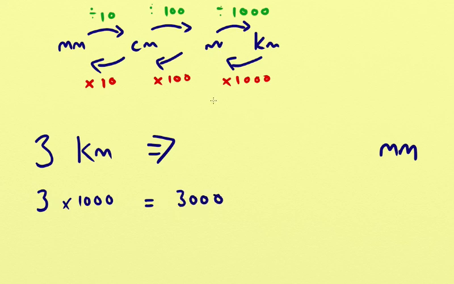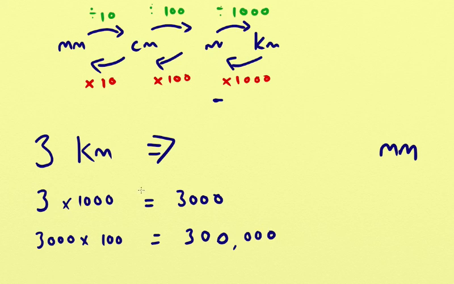So we're at this stage now, metres. And we want to get to centimetres, so we're going to do 3,000 times by 100. That's going to give us 300,000.